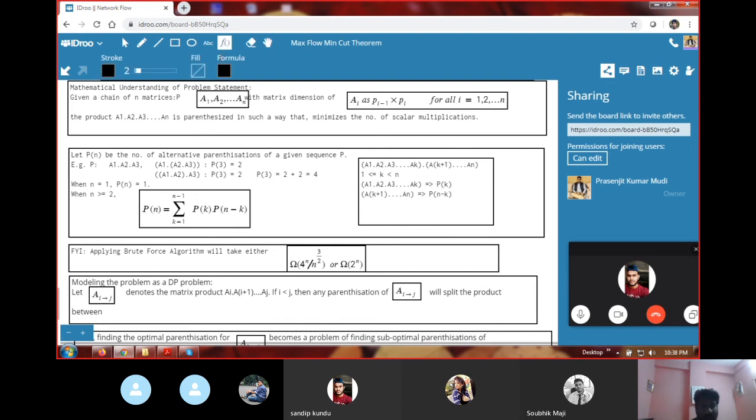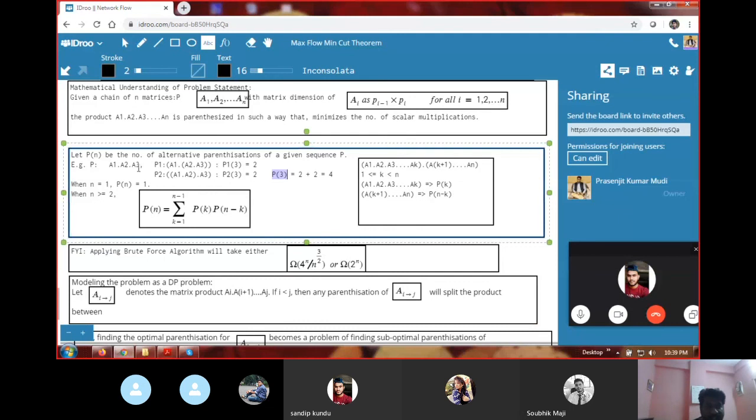You may argue, sir, why you have written here P3 becomes 4. Let's say this is P1,3 and this is P2,3. P1 is one parenthesization arrangement and P2 is another parenthesization arrangement. For P1 we have the number of parentheses equal to 2, and for P2 we have parenthesization equal to 2. So total P3 equals P1 plus P2, that is 2 plus 2 equals 4.